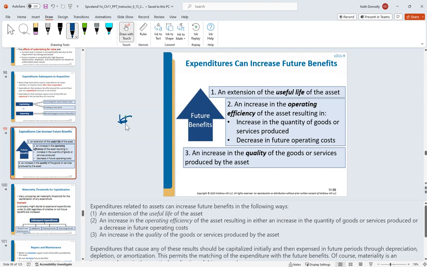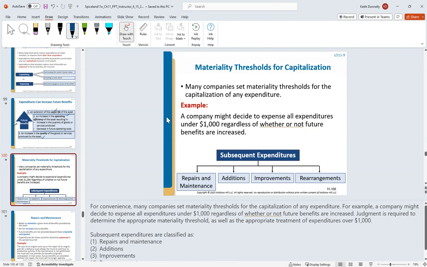If you throw money into it after the fact, you have to distinguish: is it routine maintenance or a capitalized improvement? Does it create future benefits? Will it increase the useful life? Will it make it more efficient? Will it increase the quality of the goods and services?